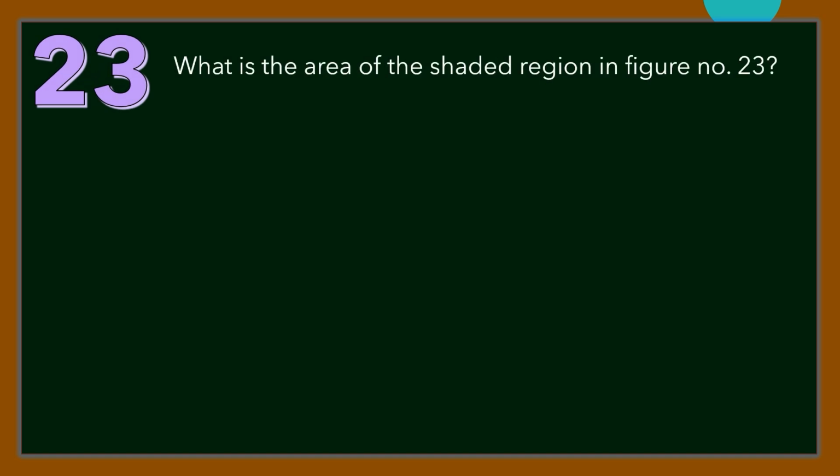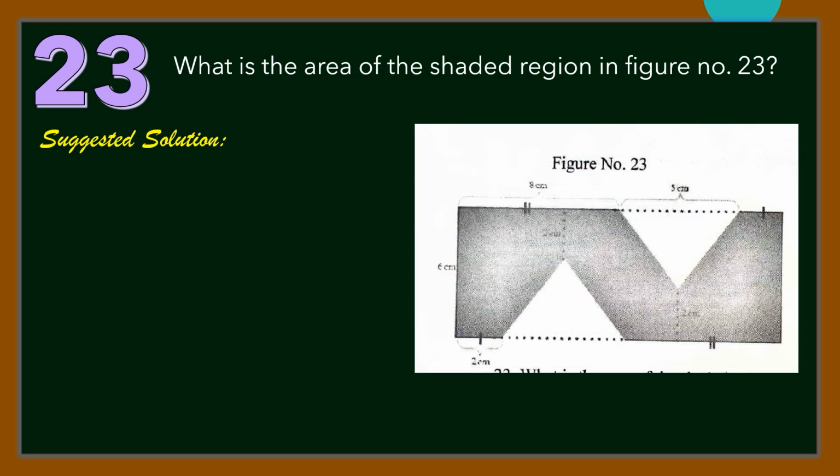Number 23. What is the area of the shaded region in figure number 23? Here is our suggested solution. Notice that the figure is a rectangle where the length is equal to 15 centimeters.